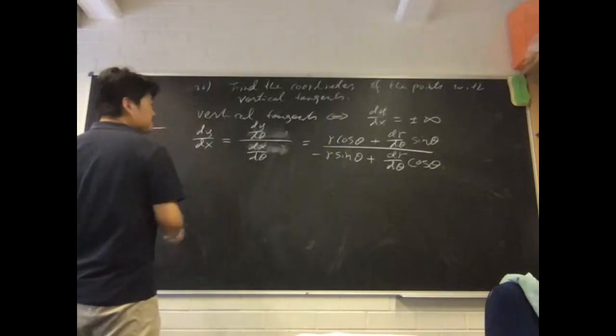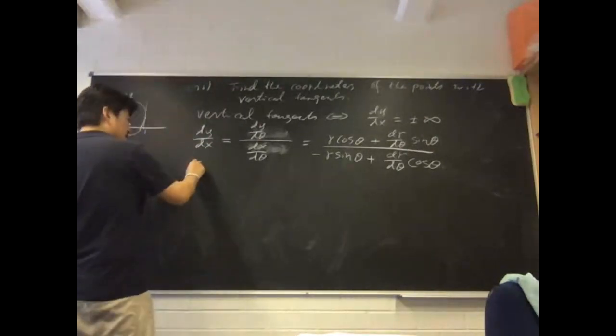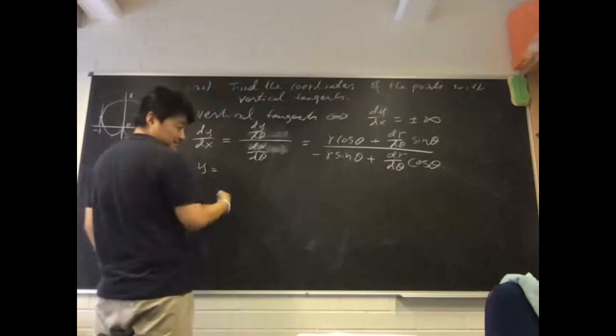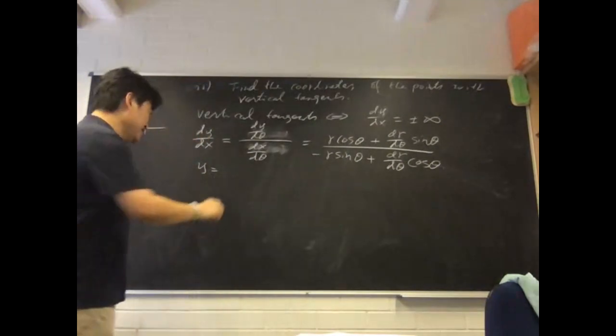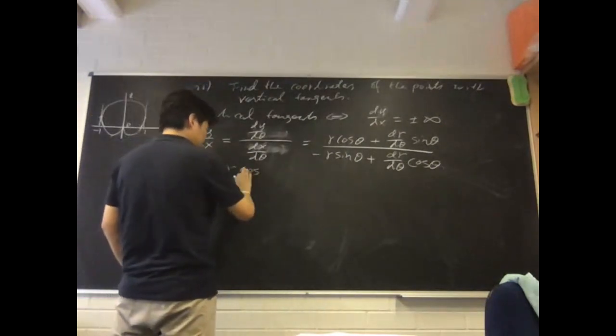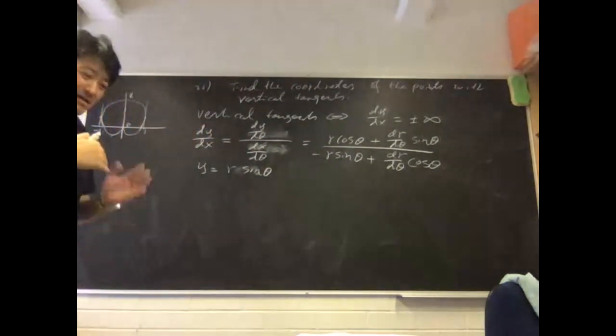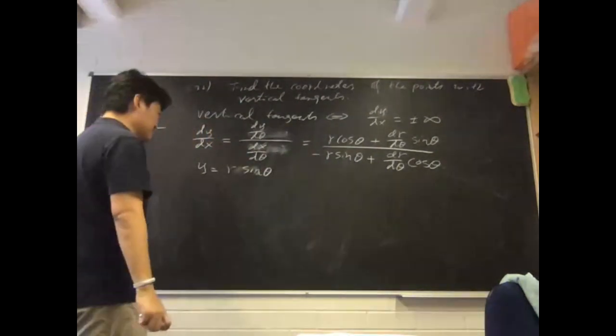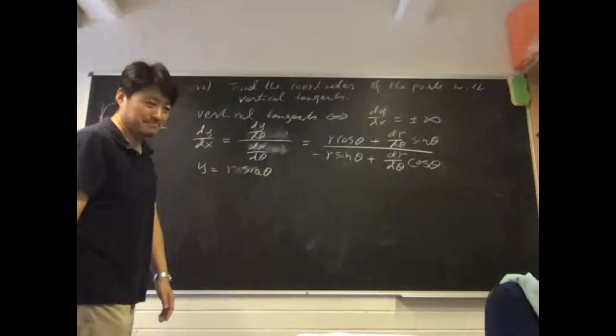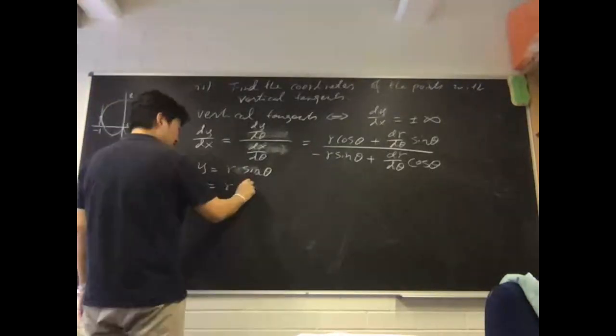So y is, because of the formula between the Cartesian coordinates and the polar coordinates, r sine theta, and x is r cosine theta.